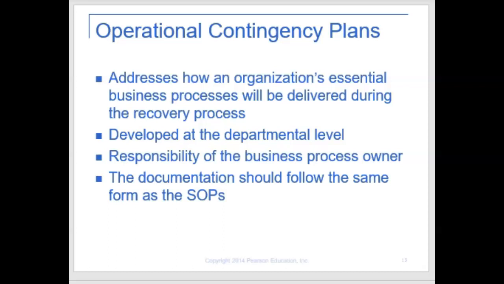Operational contingency plans are developed at the departmental level and funneled up through the chain, and they are the responsibility of the business owner. Remember, we talked about owners and custodians before, so keep that in mind.